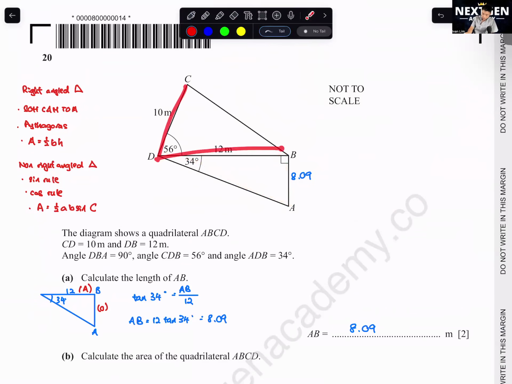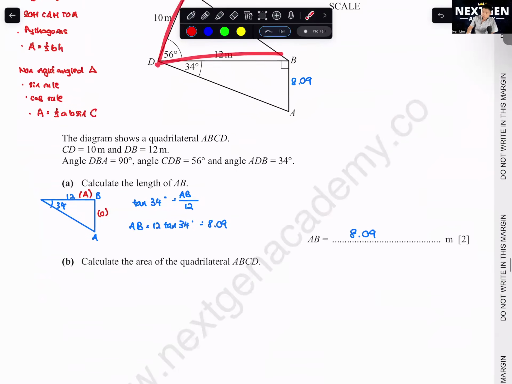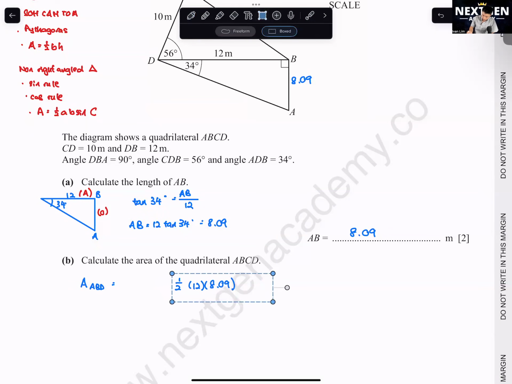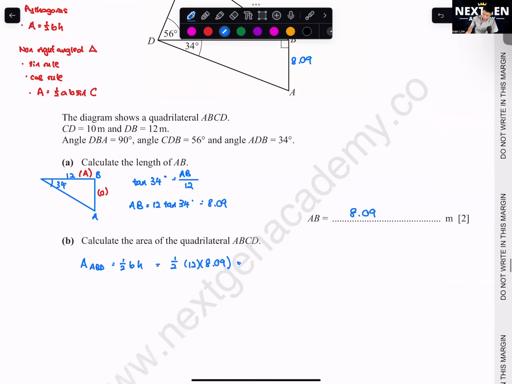This one, we can use 1 over 2 AB sine C. For the area of triangle ABD first, we can use half times base 12 and height, which we got just now as 8.09. 1 over 2 base height. You can leave it like this first also if you want.